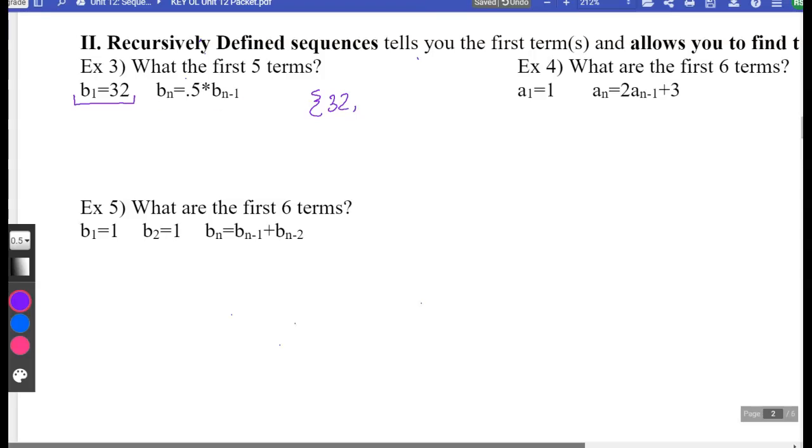Now this b sub n minus 1, what this means is, so if I'm trying to find b sub 2, I have to do 0.5 times b sub n minus 1. 2 minus 1 is 1. And we know that b sub 1 is equal to 32. So this is just 0.5 times 32. Whenever you see b sub n minus 1 or k minus 1 or anything minus 1, all that this means is the previous term.